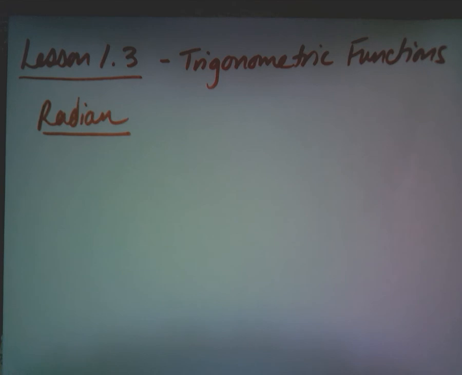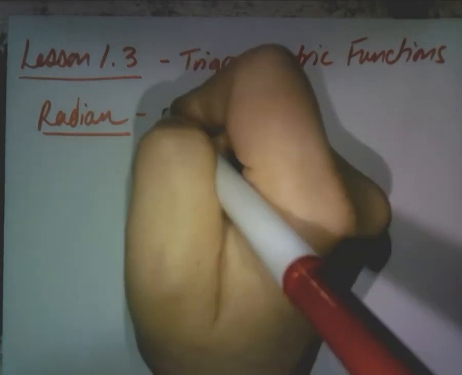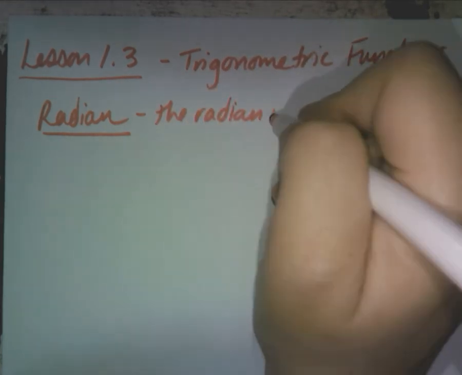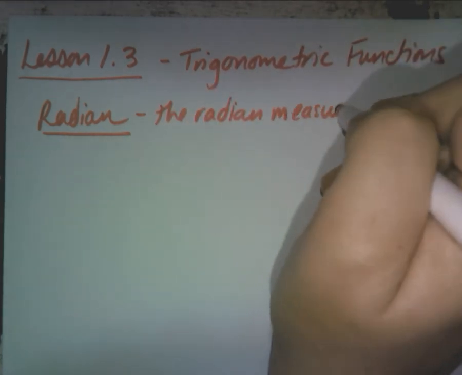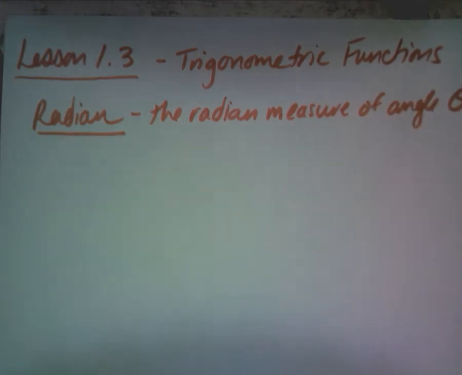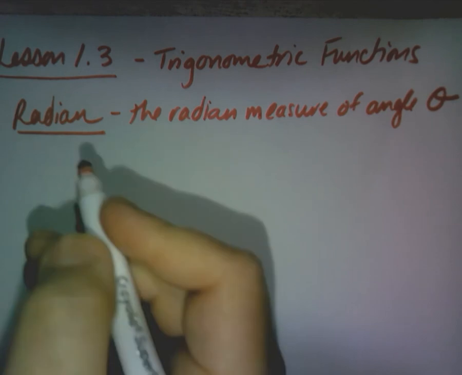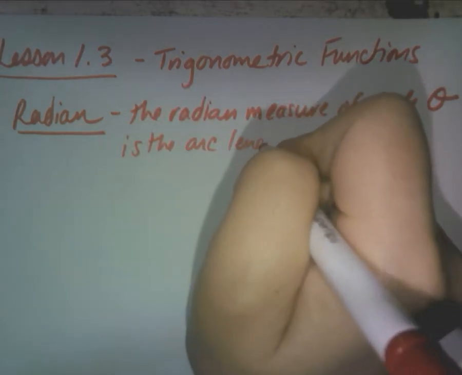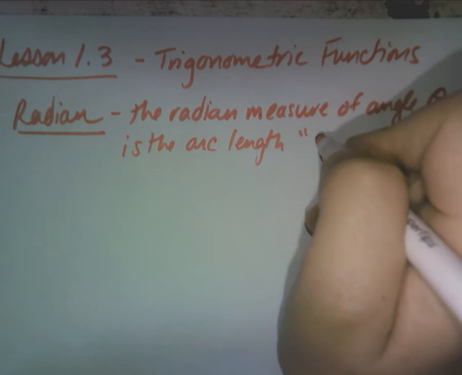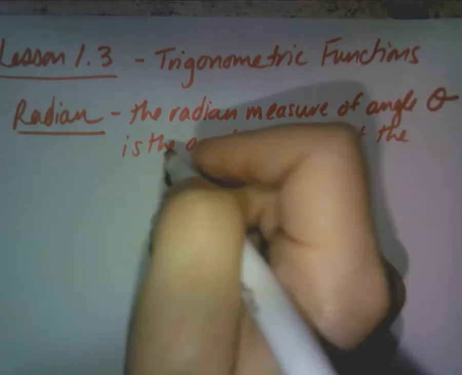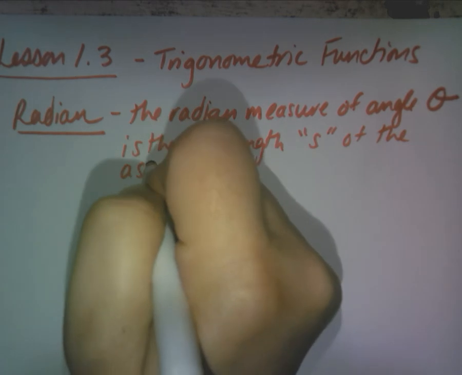All right. What is a radian? Oh, let's just start there. The radian measure of an angle theta, remember, is the arc length S, they're calling it, of the associated arc.